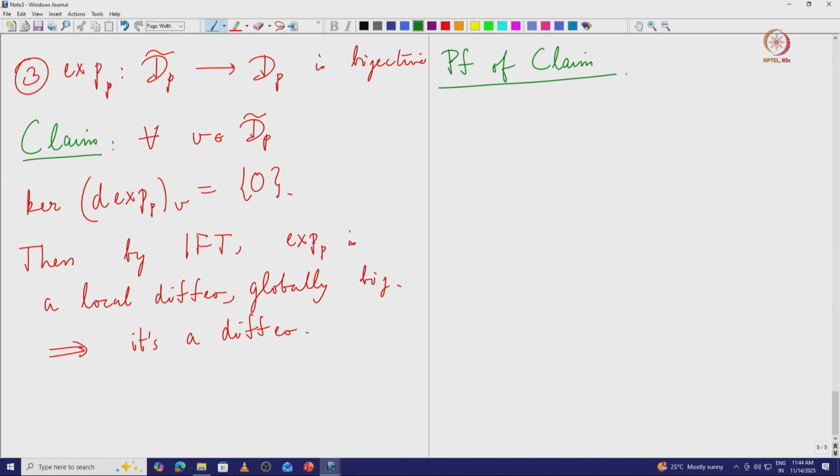Okay, so suppose there exists a W not equal to 0 belonging to the kernel of this map.